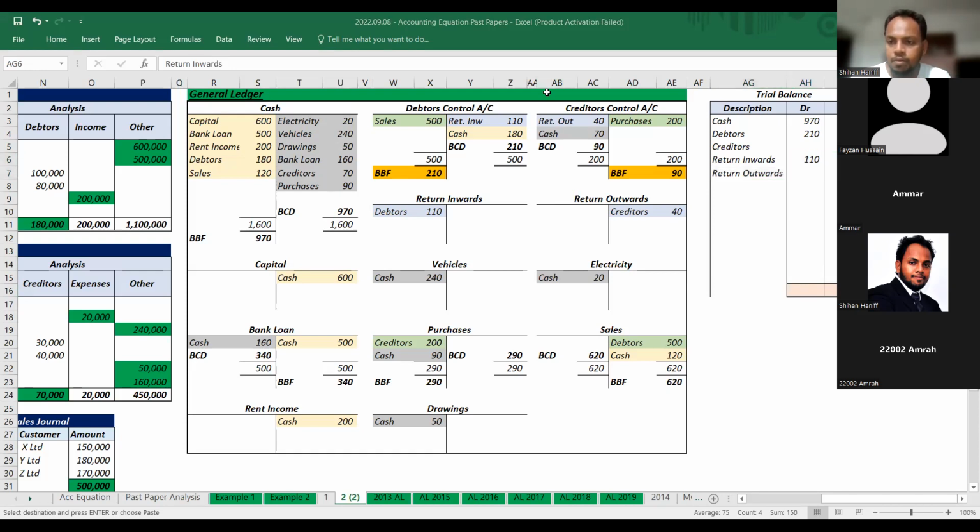What is the total? What is the total? Purchases, sales.